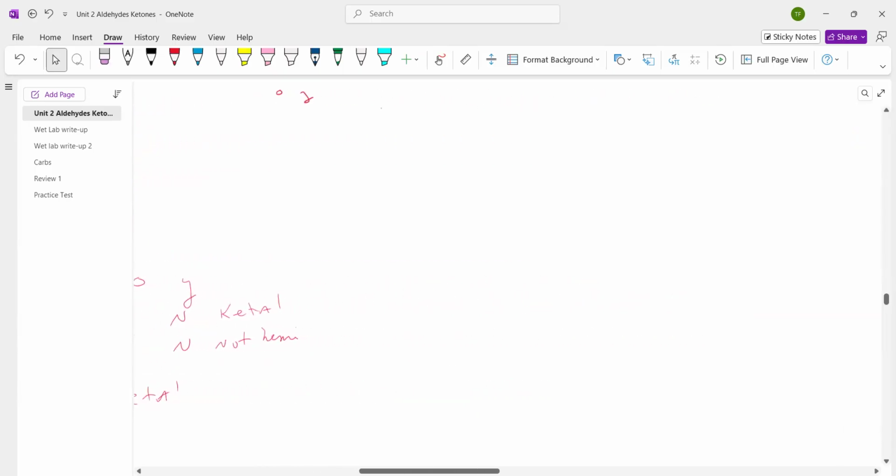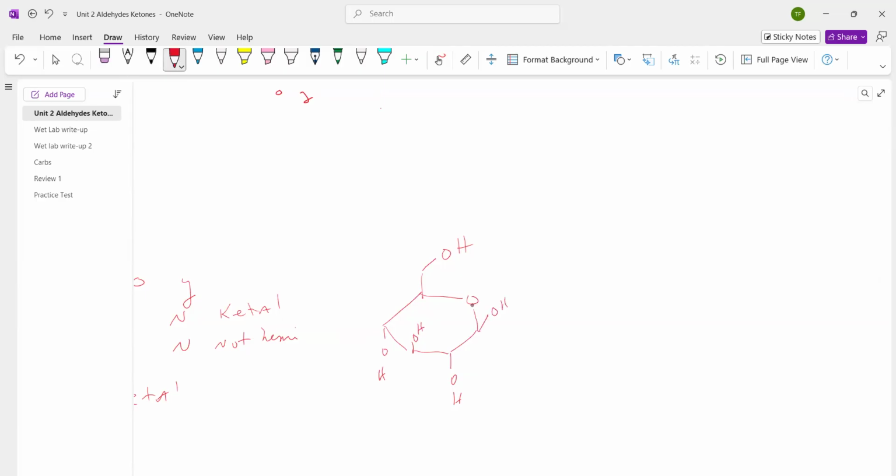Okay, so let's draw glucose. Okay, so this is glucose.